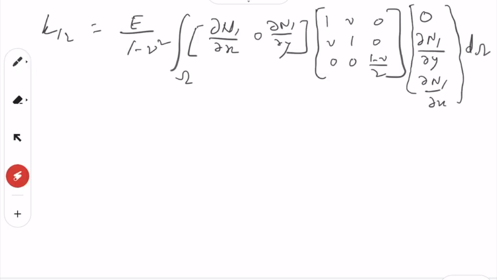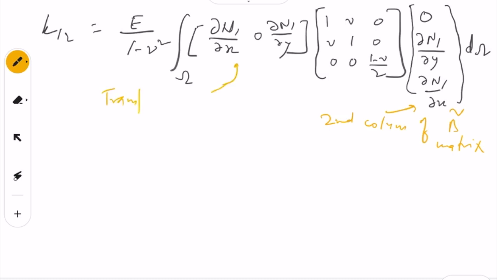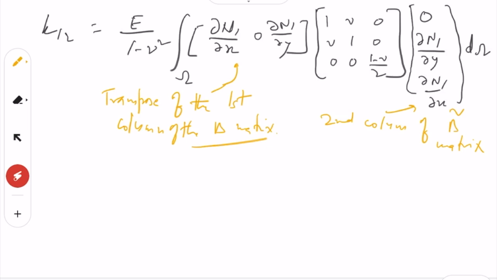So, this is the second column of the B matrix, and this is the transpose of the first column of the B matrix. Yeah, and hence this will work simply.